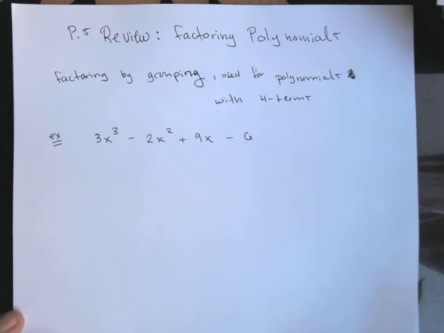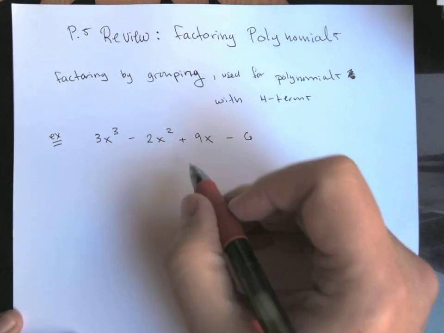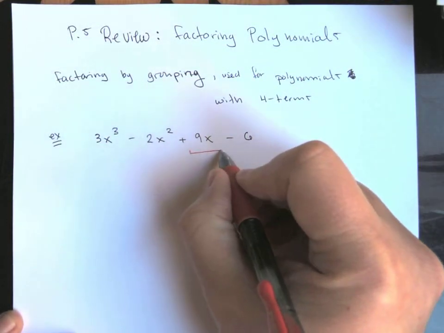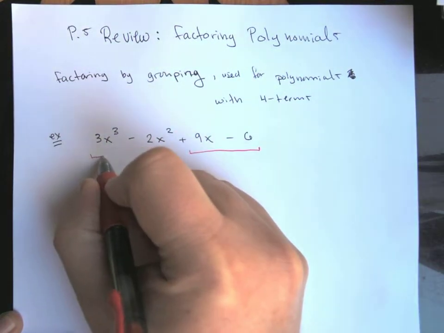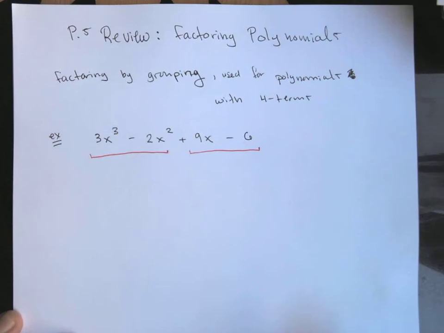So factoring by grouping is a matter of saying, if we can't get anything in common across all of our terms in the polynomial, let's group it into pairs. The default is to do first 2, last 2. And we're going to look for the GCF only across those pairs.